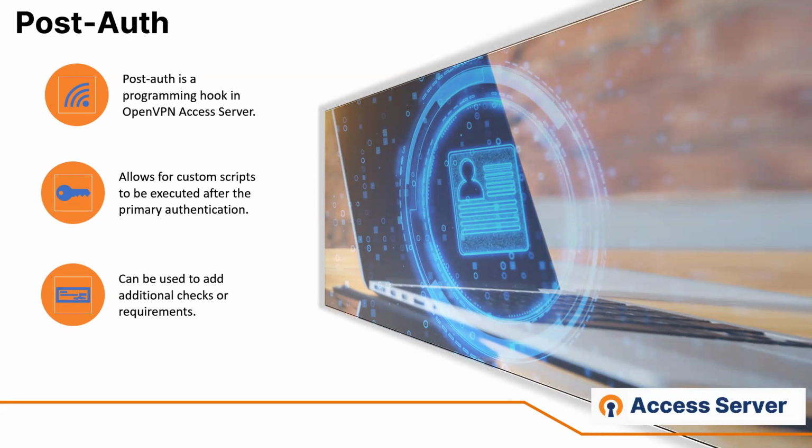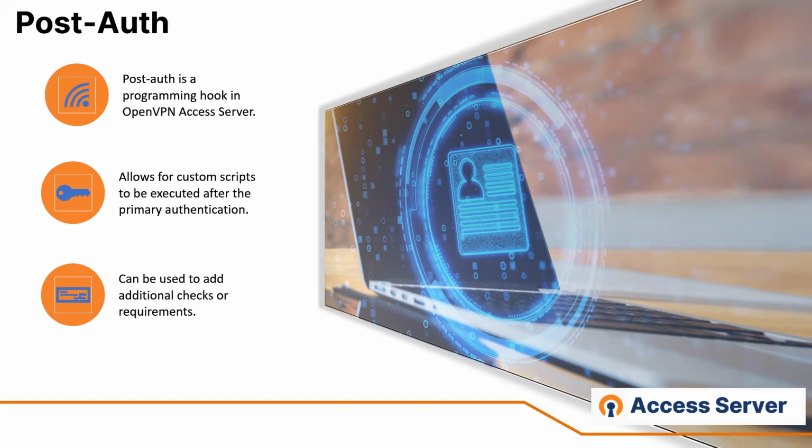So basically, think of post-auth as a programming hook within OpenVPN Access Server. Like Johan mentioned, it is a Python script. Now, what that means, essentially, is after the user has been authenticated, this hook allows us to execute custom scripts. And it's like having a checkpoint after the main gate where we can add any additional checks or requirements we consider necessary.